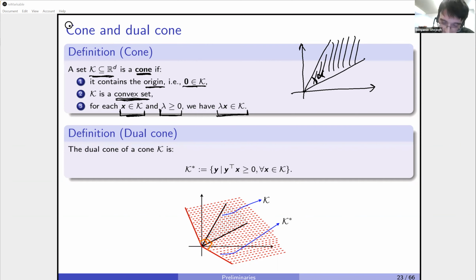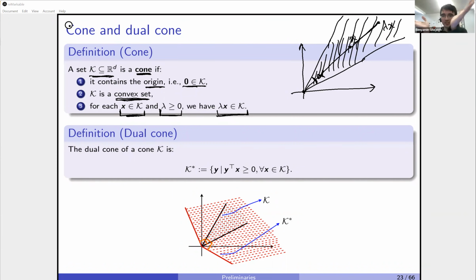It definitely contains the origin here. If there is a point x here, and you connect the line from the origin to it and multiply it by lambda, the point lambda x will also be inside the cone.